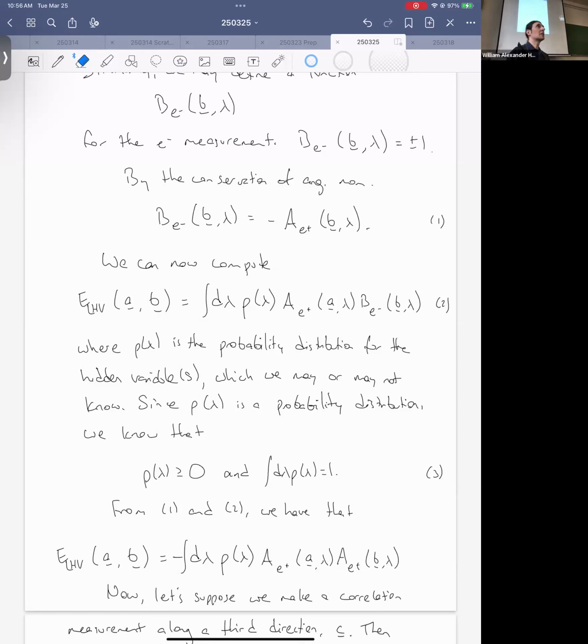So my recollection is that you can basically mock up a non-local hidden variable theory which is equivalent to quantum mechanics, but then at that point it's quantum mechanics, but with extra steps. That's my vague recollection, but again, I wouldn't hold myself to that.